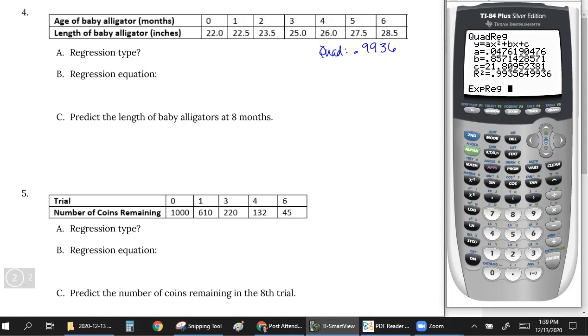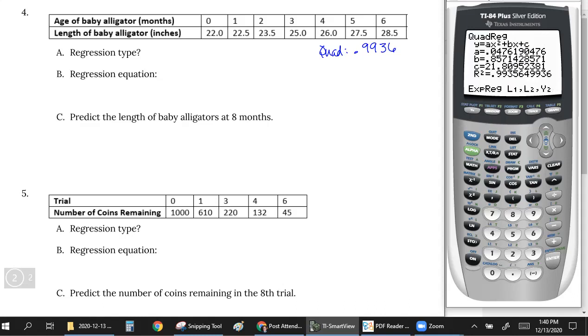So L1, L2, comma, and then vars, yvars, function. And because I don't want it to overwrite what I put in there for the quadratic function, just in case I have to decide which one I'm going to use, I'm going to put this in Y2. All right, hit enter, and same thing.